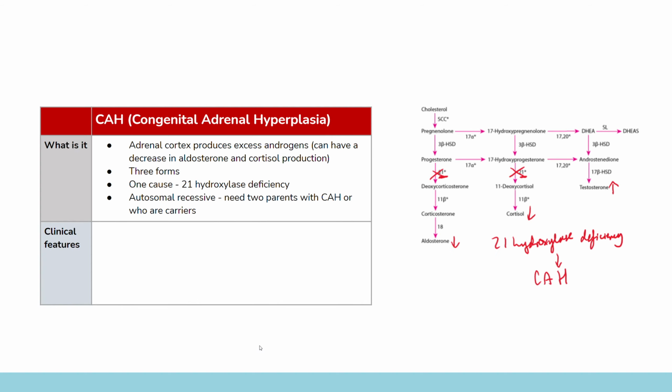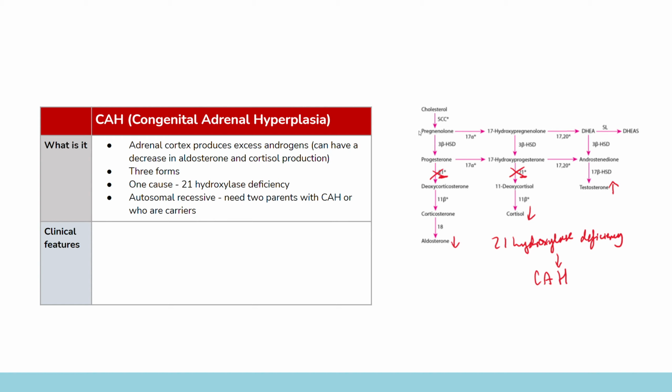So what it is is when your adrenal cortex produces excess androgens, and you can have a decrease in aldosterone and cortisol. There's a few forms of this condition, and the main cause is 21 hydroxylase deficiency. So this enzyme here that's been crossed out in red, that's 21 hydroxylase. So if you don't have that, these aldosterone and cortisol pathways can't be completed.